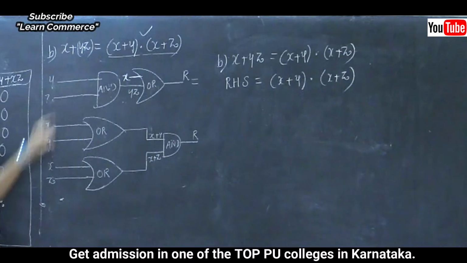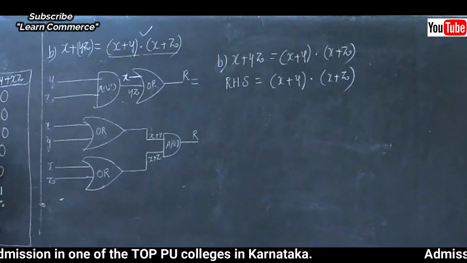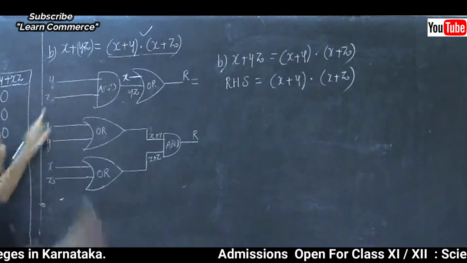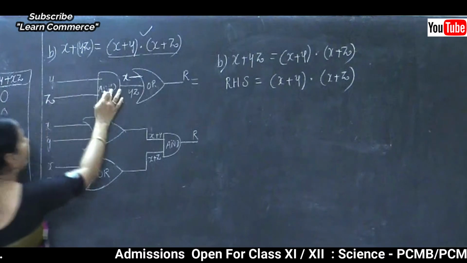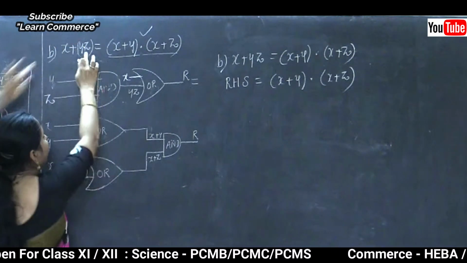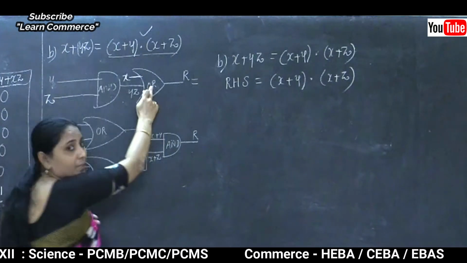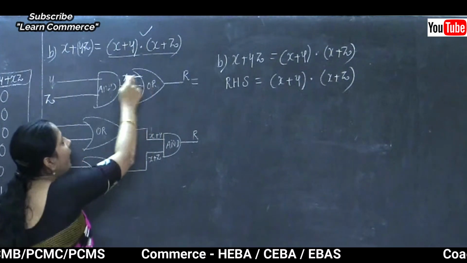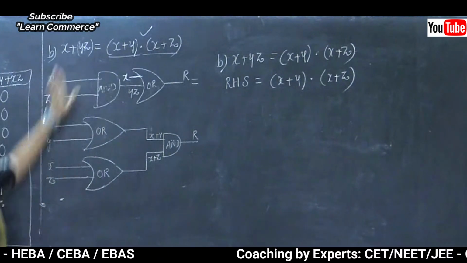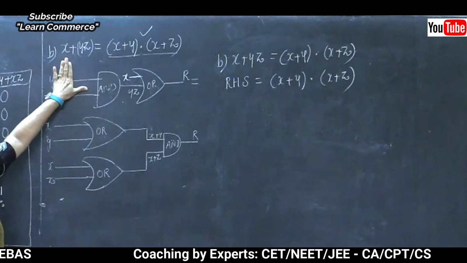First, how I completed this: y and z, first of all I took the y and z value here, and next the plus, we know that this symbol is the OR gate symbol, and next is the x here. And after that we completed the symbol for our left hand side.